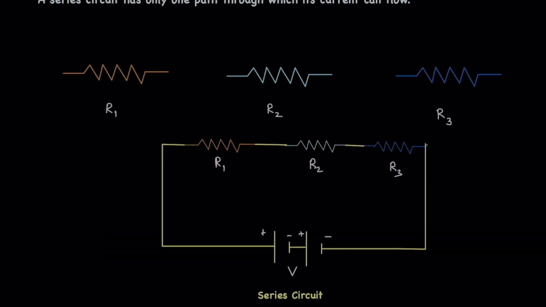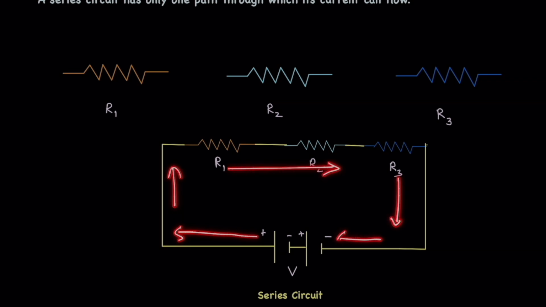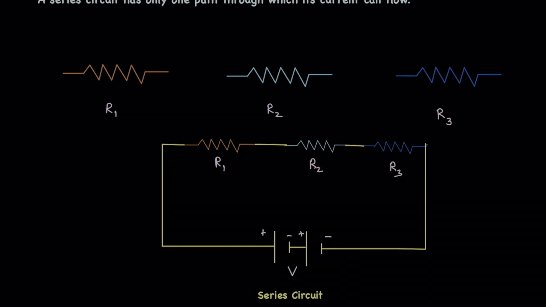As you see in this figure, current is moving from the positive terminal to the negative terminal in this way. When the circuit is in series form, it means that in a single wire, all the three resistors are connected.